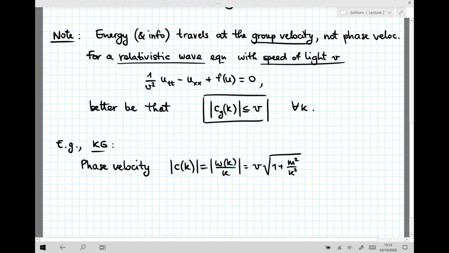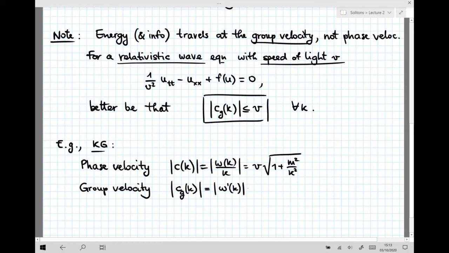On the other hand, we can also calculate the group velocity by taking instead the first derivative of the angular frequency with respect to the wave number.